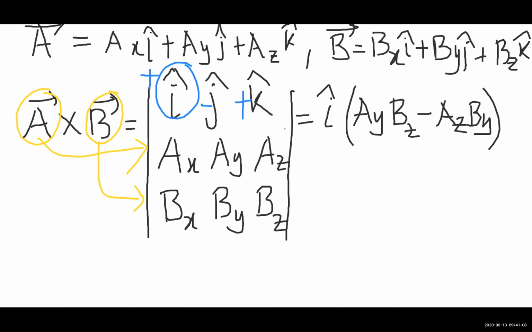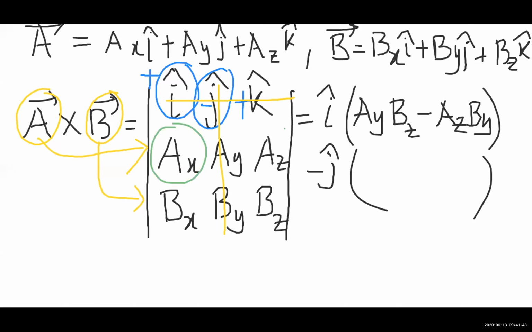Go to the second element on the top line, write its value with the sign, open up brackets, and draw a vertical line and a horizontal line through the chosen element. Forget about the objects which lie on these lines. You end up with 4 elements. Out of these 4, you go to the top left element again, cross multiply and subtract the cross multiplication of the other side.